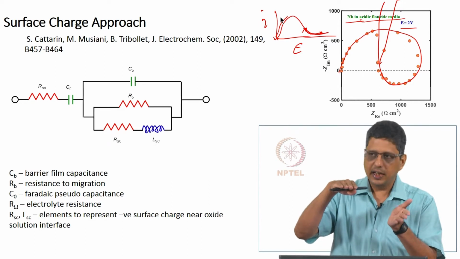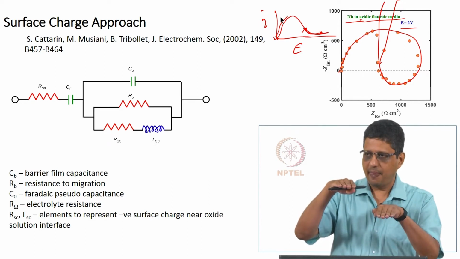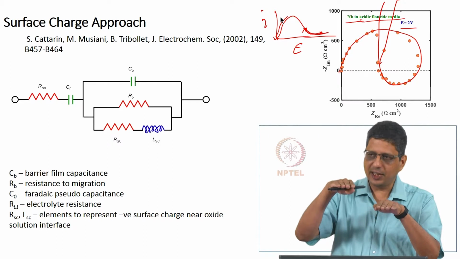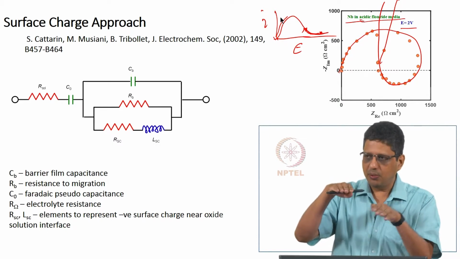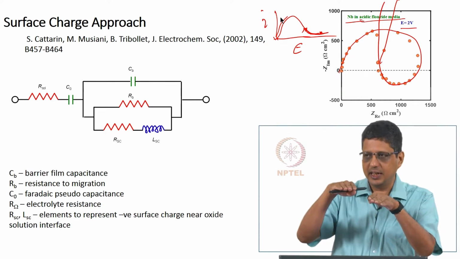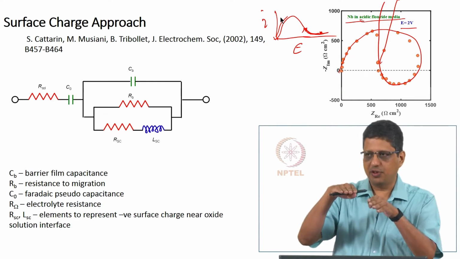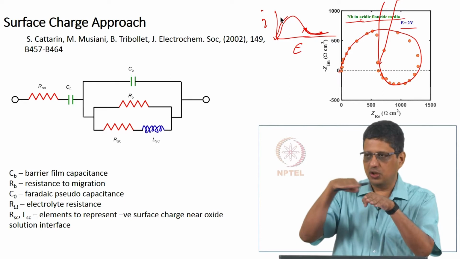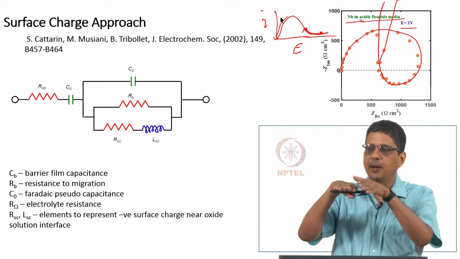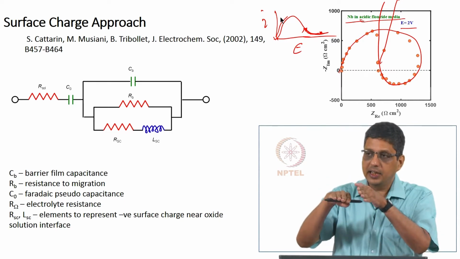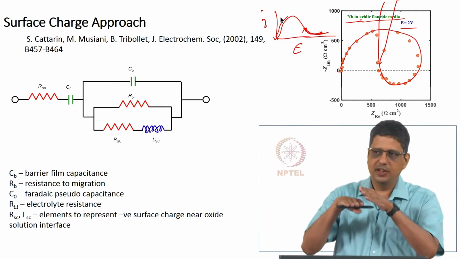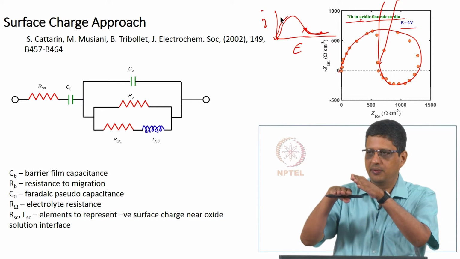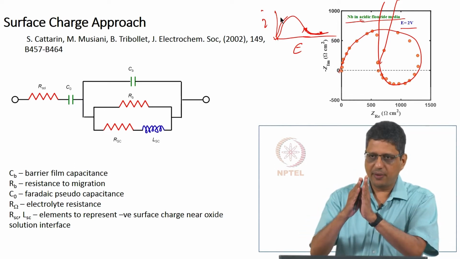The rate of formation of metal oxide, metal converting to metal oxide, may be low. If I apply more and more positive potential, I am increasing the rate at which metal oxide is formed, and when it is formed, it is also removed. When I apply large potential, the rate of formation of metal oxide is more than the rate of dissolution. Then an oxide will form.